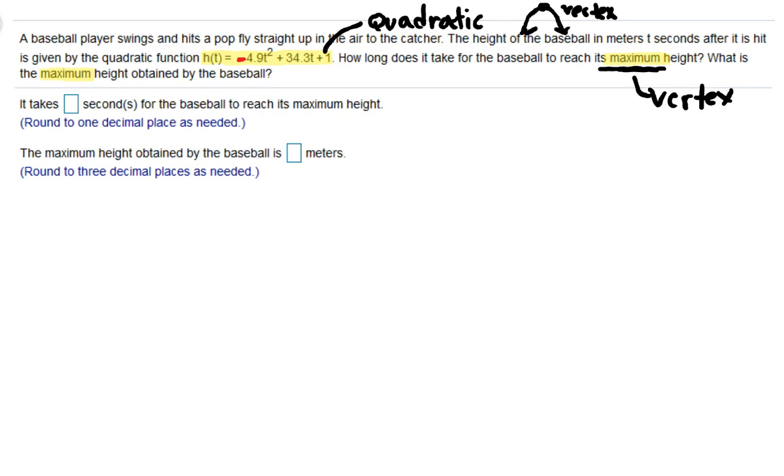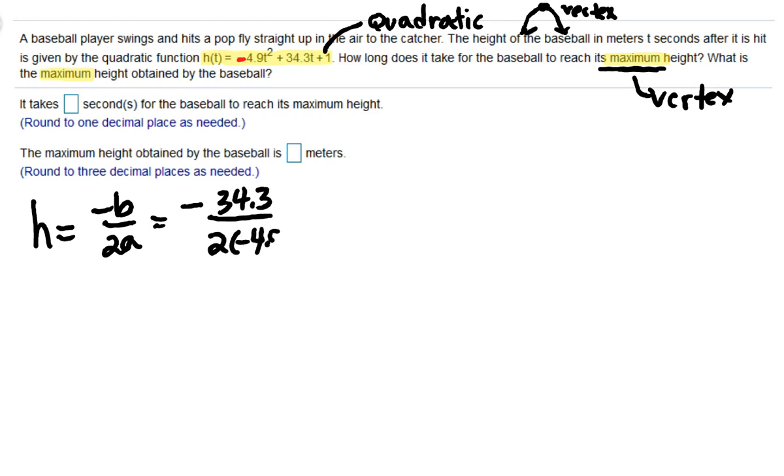Remember, we have our vertex formula, which is negative b over 2a. So that's going to be negative 34.3 over 2 times negative 4.9. By typing that into a calculator, we get 3.5.